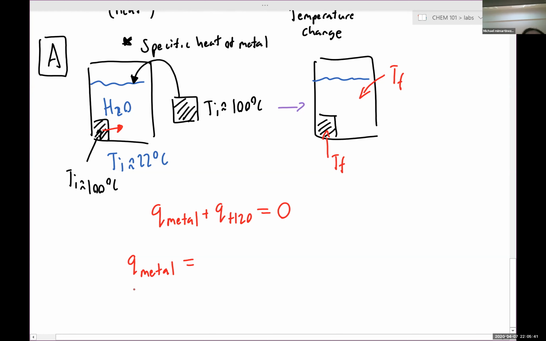For example, Q metal is equal to the specific heat of the metal times the mass of the metal times T final minus the T initial of our metal. This is really important because the initial temperature of each of our objects is going to be different.